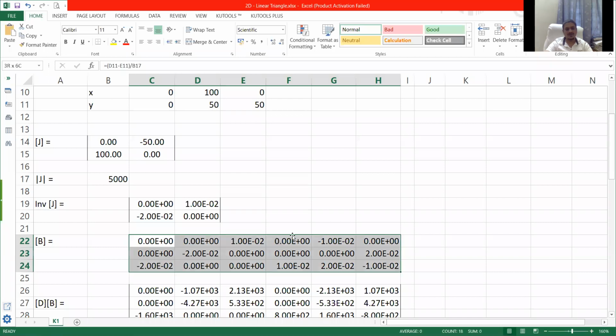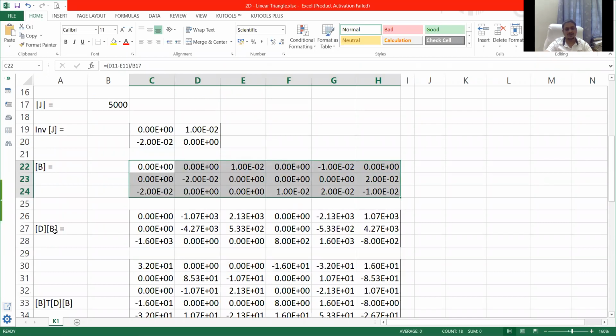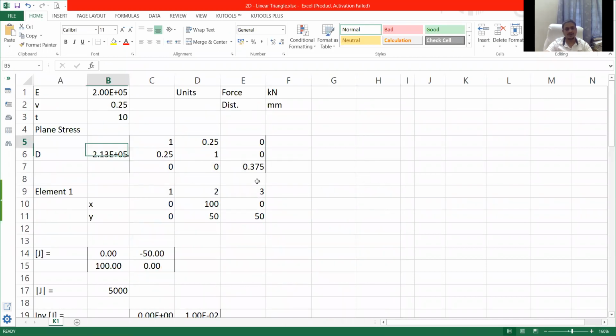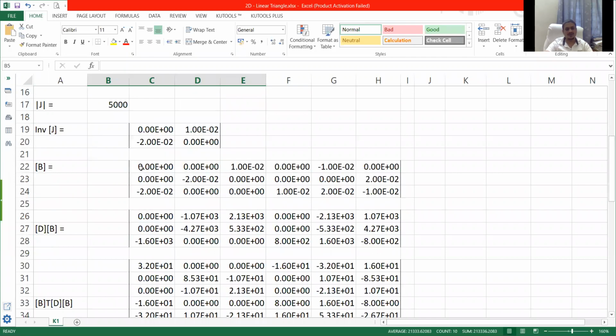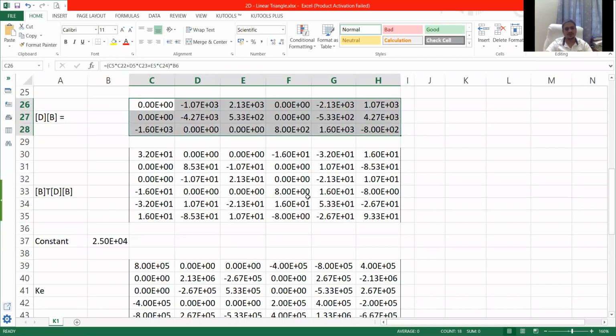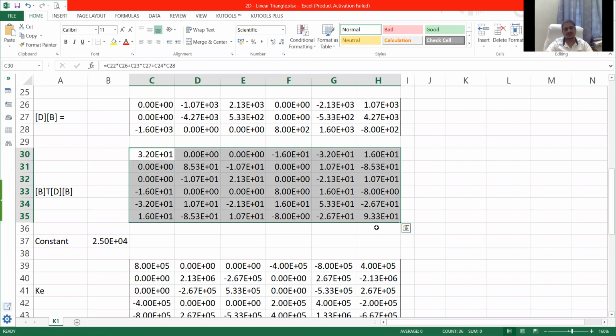Now once your B matrix is ready, you can go for the stiffness matrix calculation, wherein you multiply D into B. D we have already calculated over here, and the B matrix we have already calculated over here. So I can calculate D into B, and then B transpose into D into B. This is simple matrix multiplication, and there will be a constant coming out.